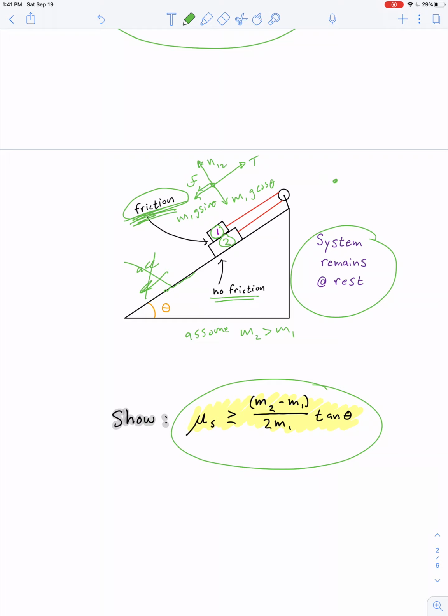There's the same amount of tension pulling it upward, and it has components of gravity, m2g cosine theta, m2g sine theta. There's two normal forces acting on this block, right?